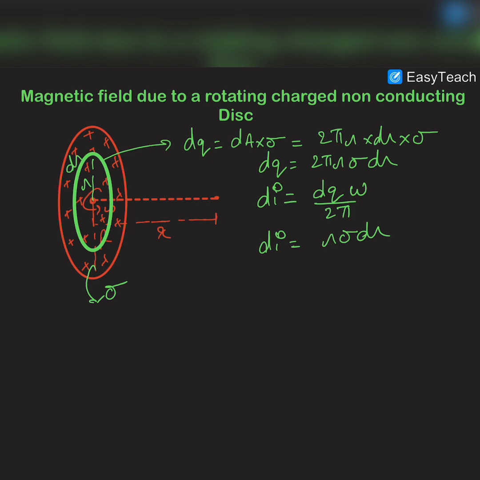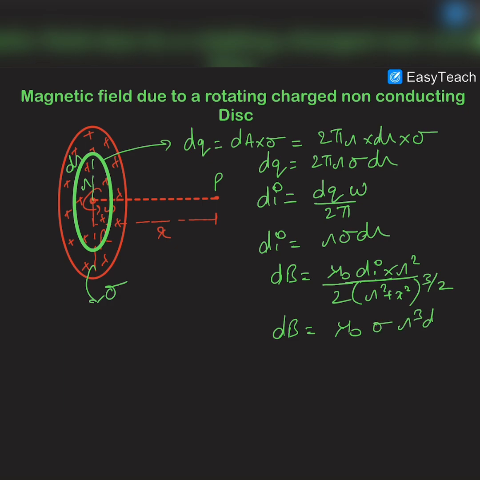This is the small current generated by this ring, and the magnetic field created by this ring at this point P will be mu naught into di into r square upon 2 times r square plus x square to the power 3 by 2. So dB will be mu naught sigma r cube dr divided by 2 times r square plus x square to the power 3 by 2.